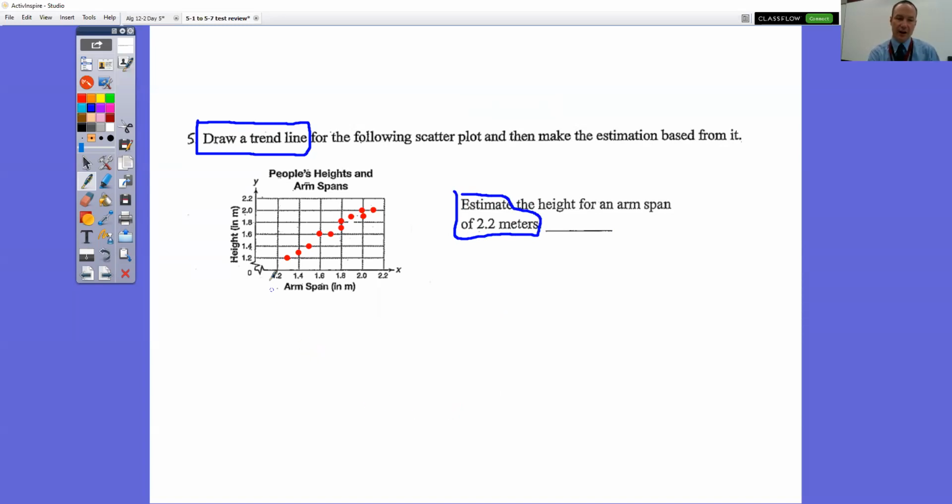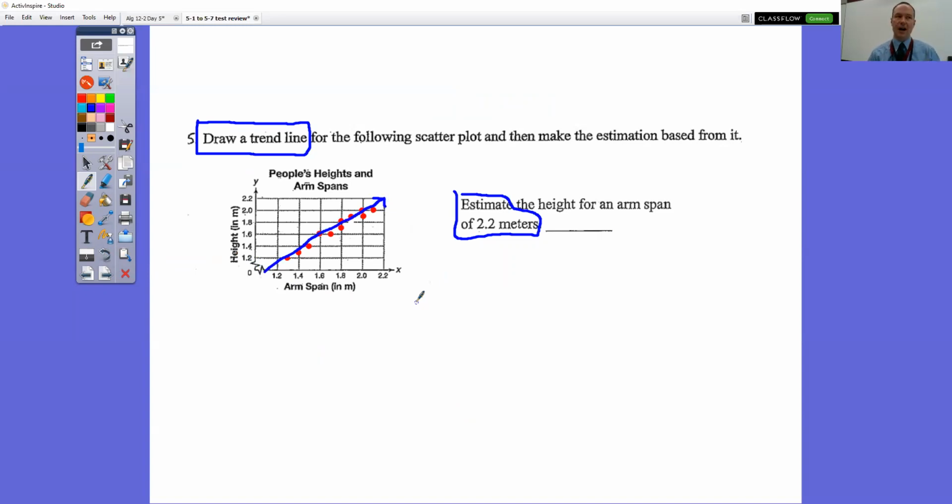So drawing this trend line, remember that when you draw a trend line, it has to follow that same direction as your data. So this one is going up. It has to be a straight line. You want about half your points above, and about half your points below the line. So when we draw this one, it'd be approximately just like that.